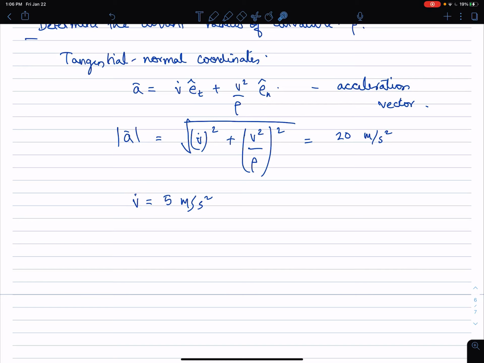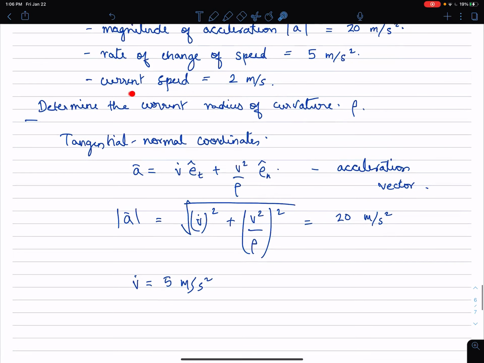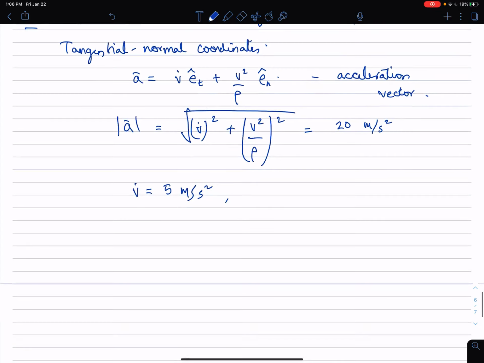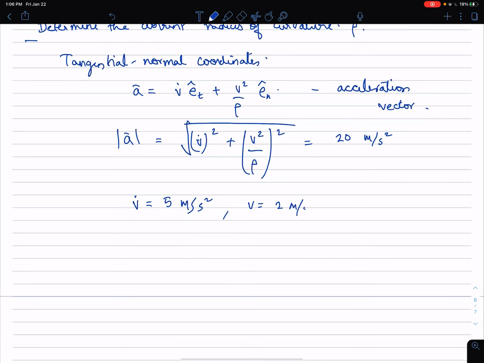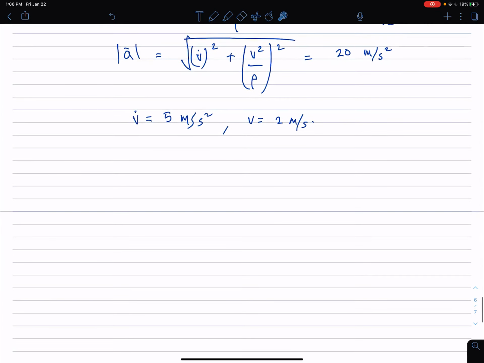Okay, so we know this quantity, we know the whole thing, and we know v, the current speed, so v equals 2 meters per second. So we know the total, we know this, we need to find this, and that's it. So we can plug everything in. So we have the square root of 5 square plus 2 square over rho, whole square root, equals 20.